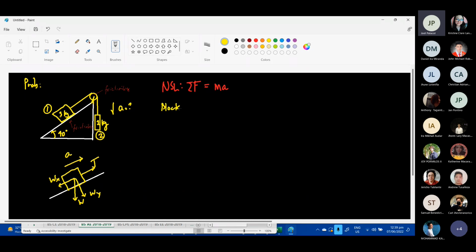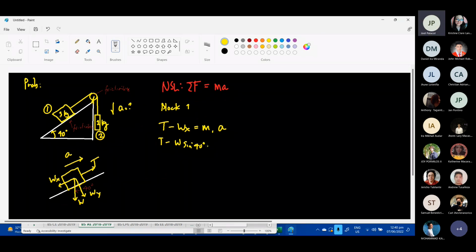For block 1, movement is up the incline, so tension minus the opposing force Wx is equal to the mass of block 1 times the common acceleration A. Wx is W sine of 40 degrees, since this angle is 40 degrees also.